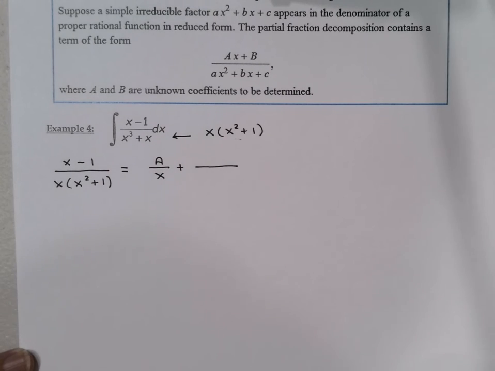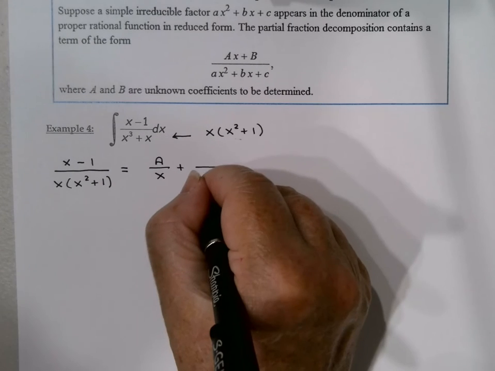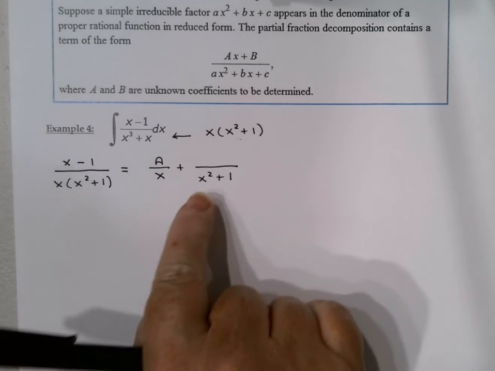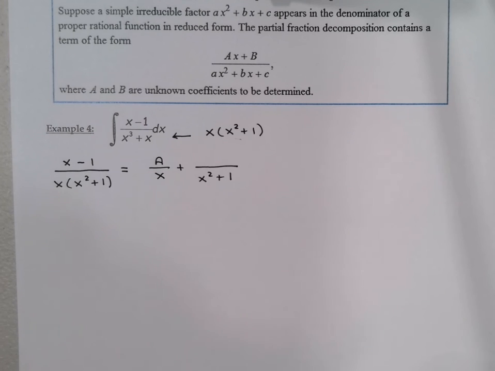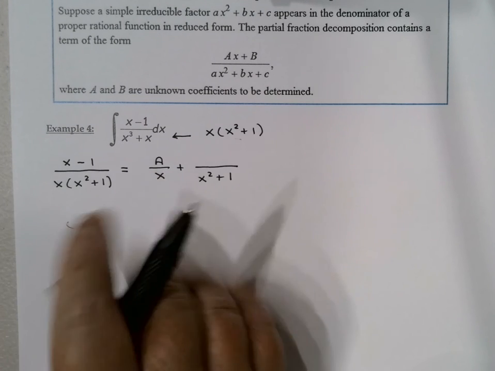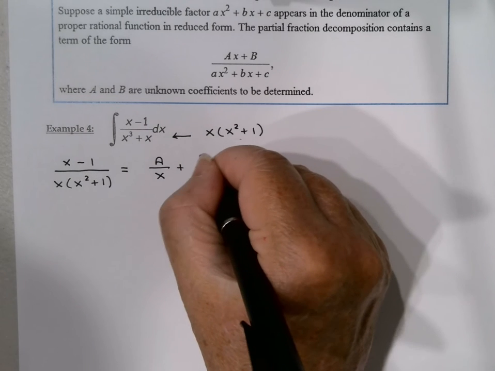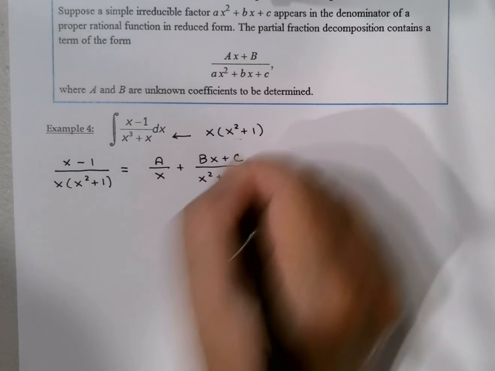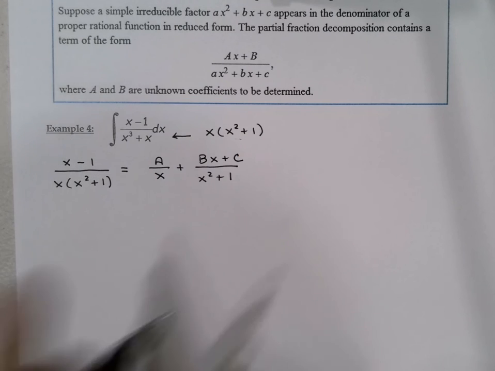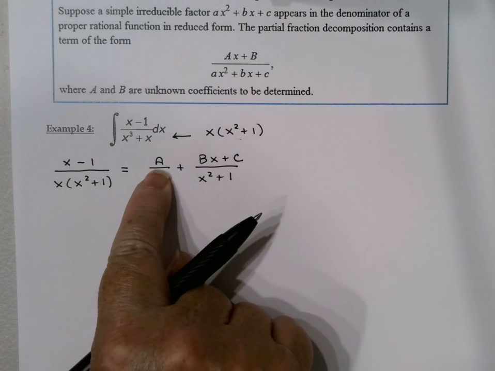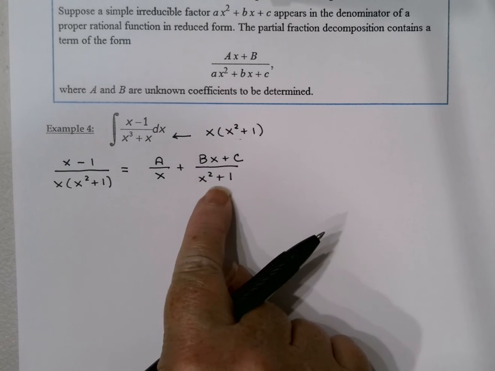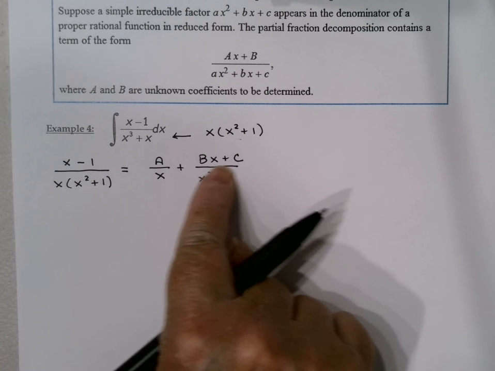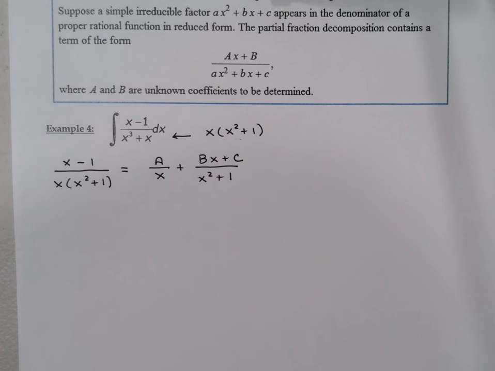But then, for the x squared plus 1, because that's quadratic, the numerator is going to be linear. I happen to be on the letter b, so I'll go with bx plus c up here. So a linear denominator just gets a constant on top. A quadratic denominator gets a whole linear expression on top.